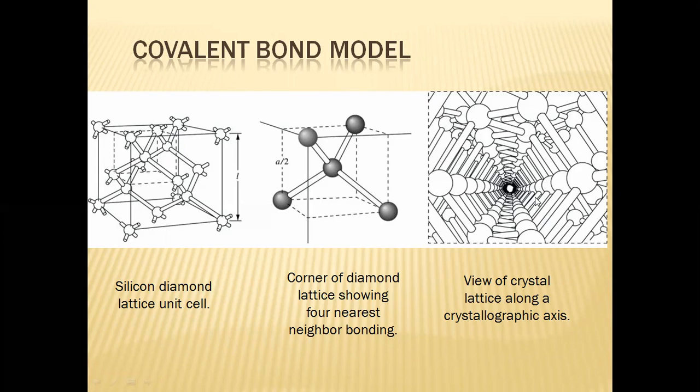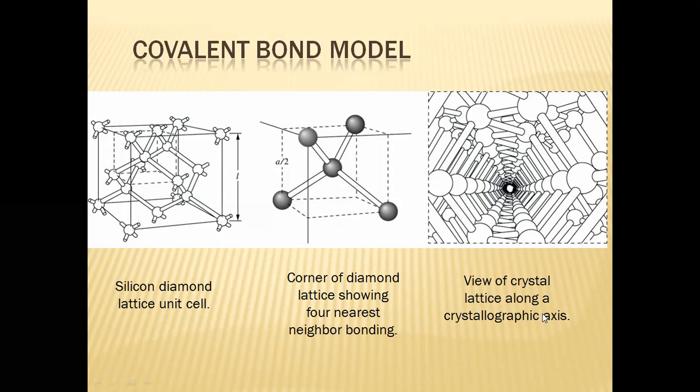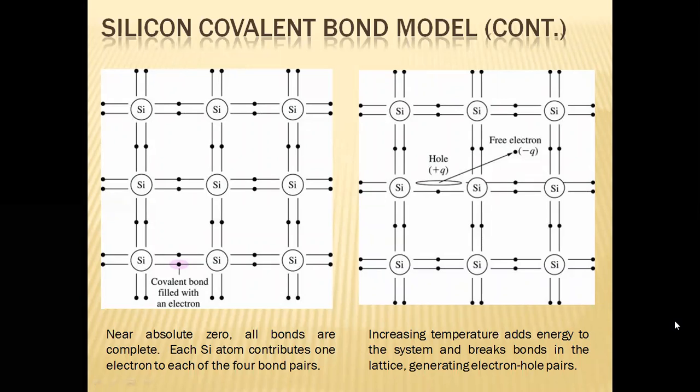Upon visualizing in depth, here it is a face view, here it is a corner view, and here a long view considering the z-axis. And how this silicon is getting bonded from one molecule to another molecule.